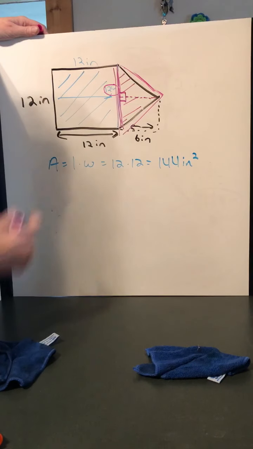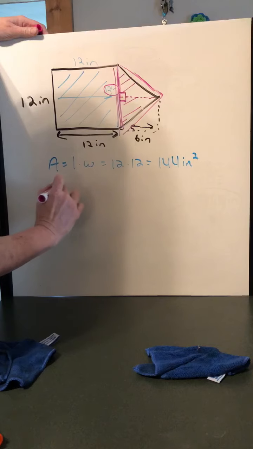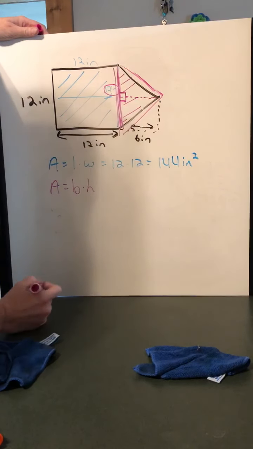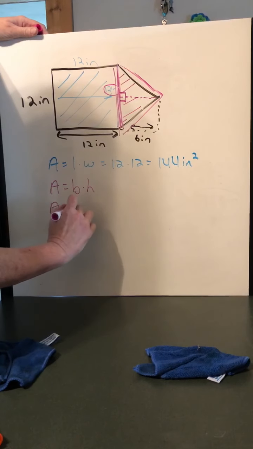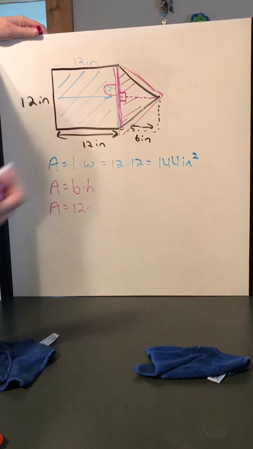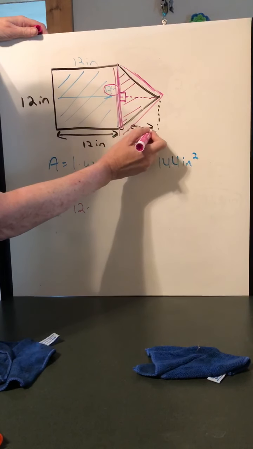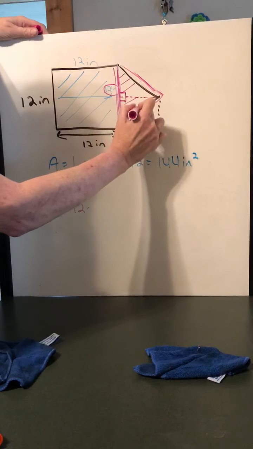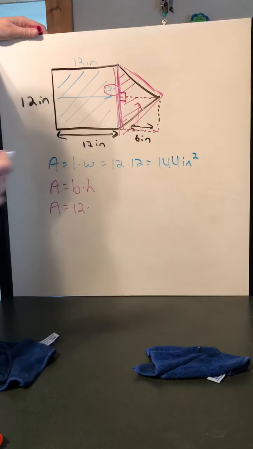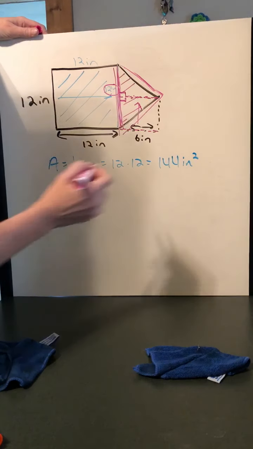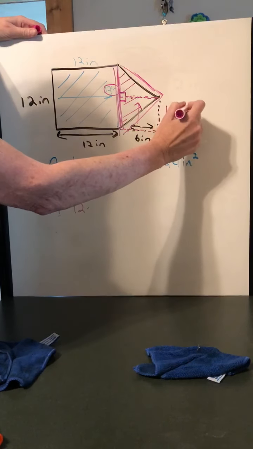I've been told that from this information. So I can plug that in. But I've got to find the height. Well, it's giving me the height because it's saying that this part right here is 6 inches. That is parallel to this, which is the height of the rectangle. So my height is going to be 6 inches.